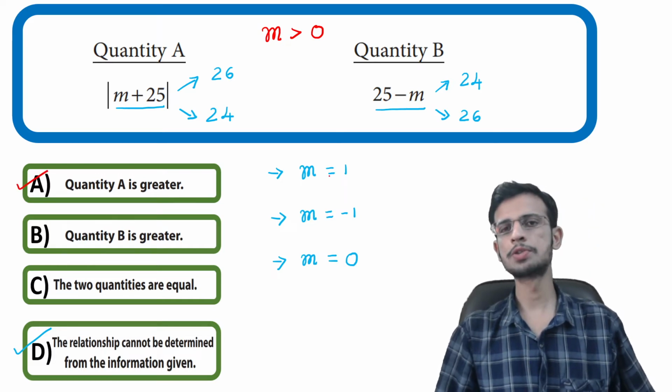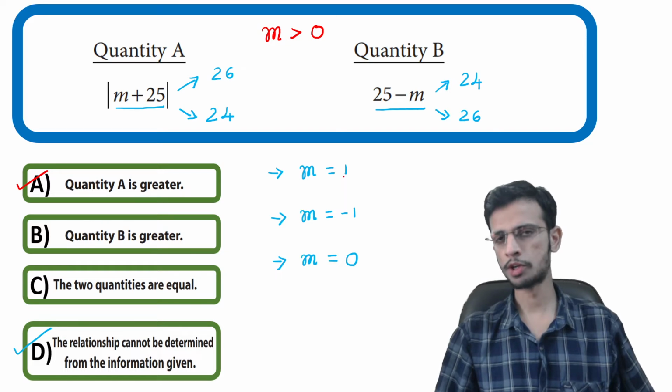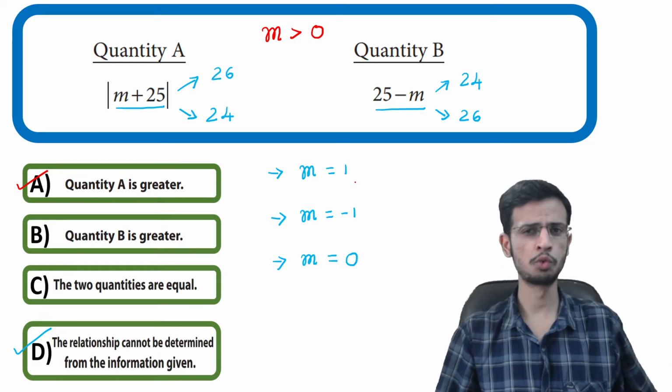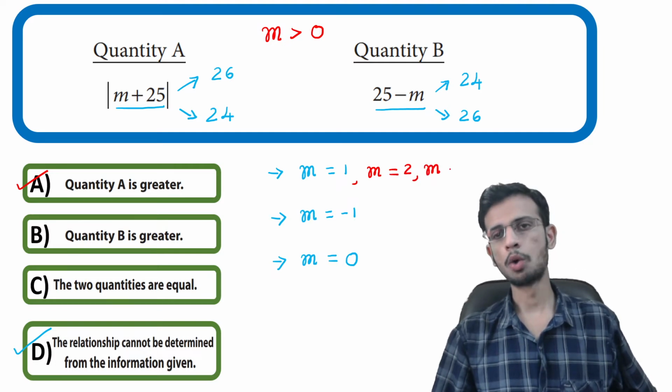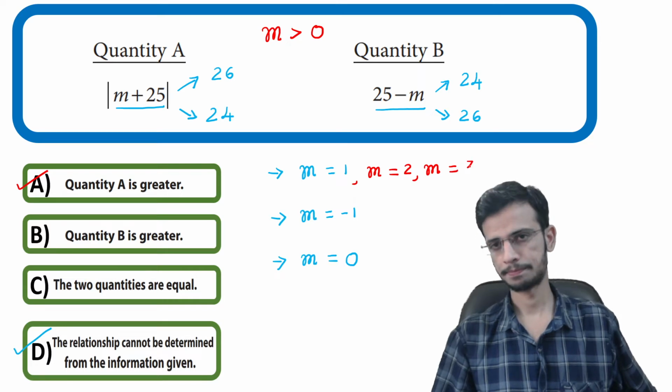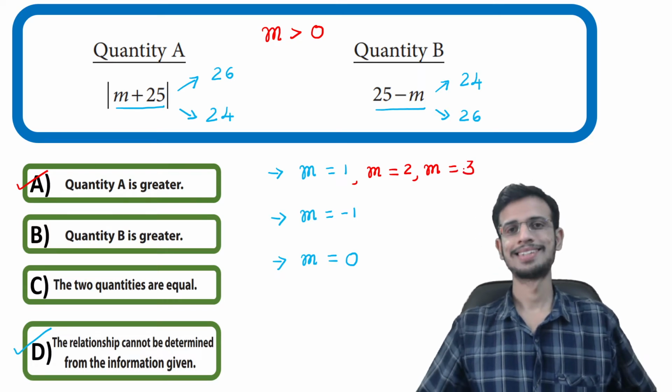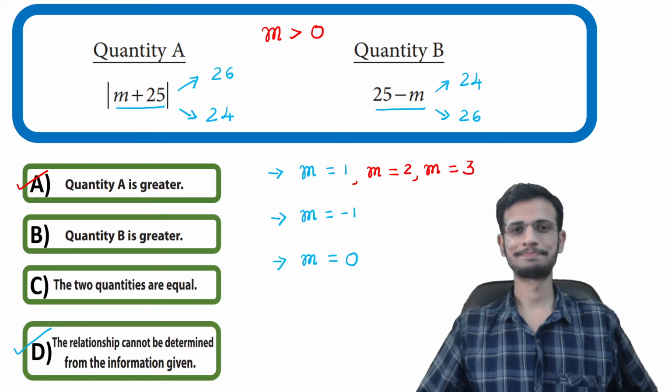For positive values of m, like m equal to 1, 2 or 3, quantity A will always be greater, but not for the generalized case.